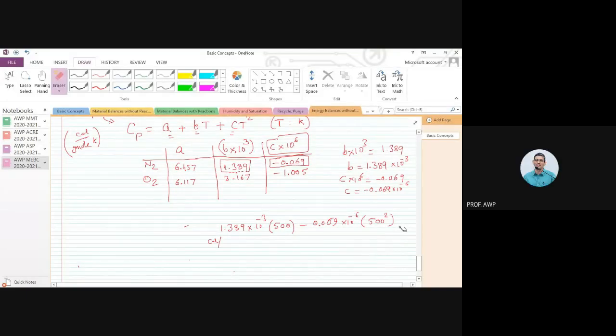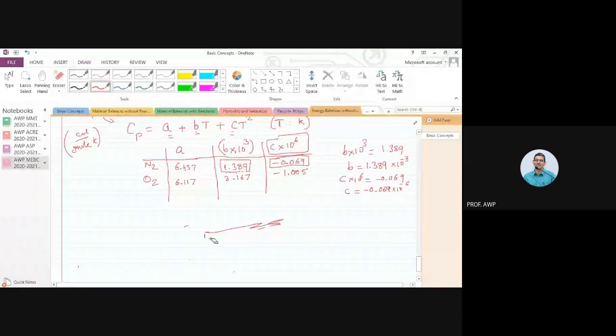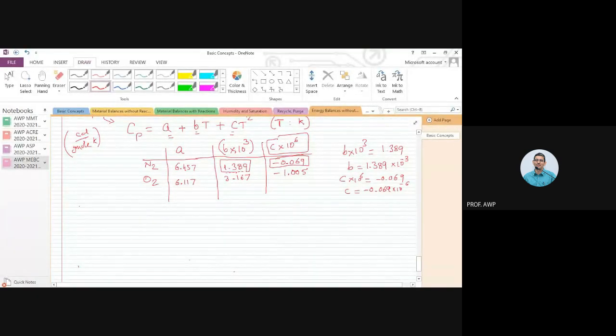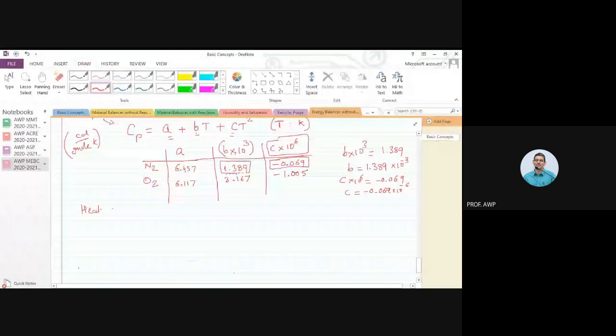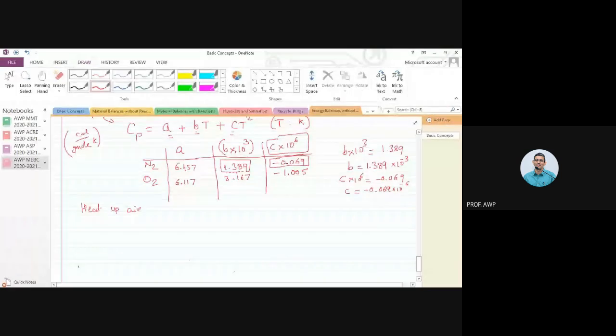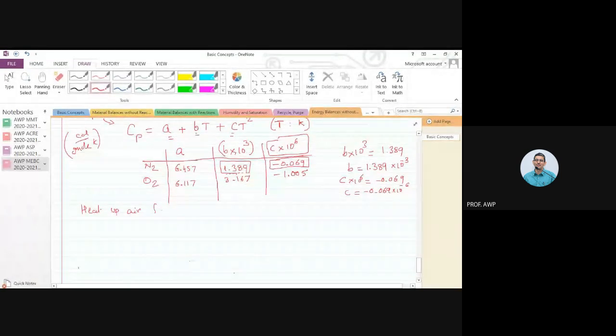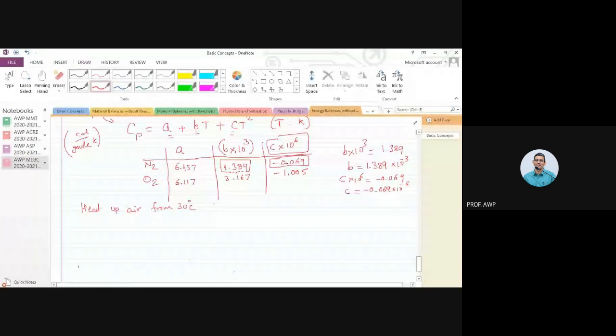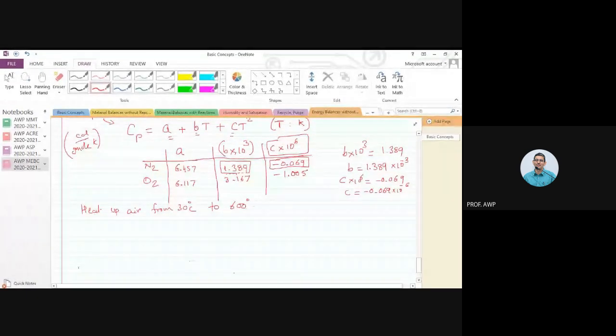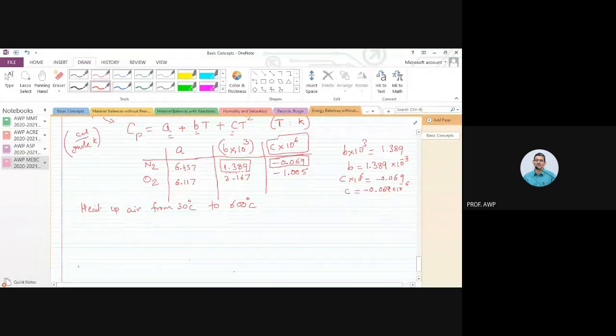Okay, here is the next problem. Suppose in some plant, we want to heat up air from 30 degrees centigrade to 600 degrees centigrade.